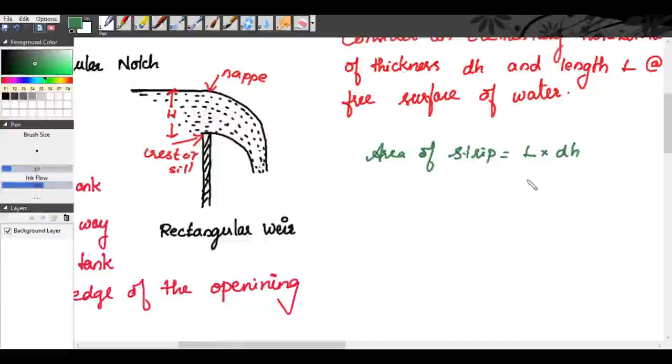We know the theoretical velocity; we have already studied in flow through pipes what is the theoretical velocity of water flowing through a stripe.